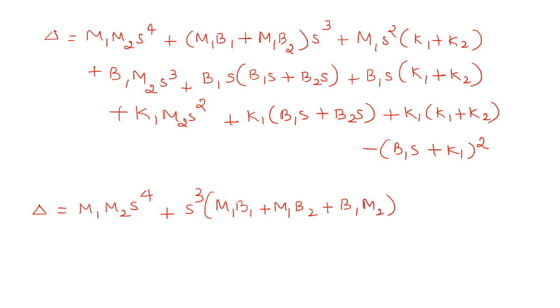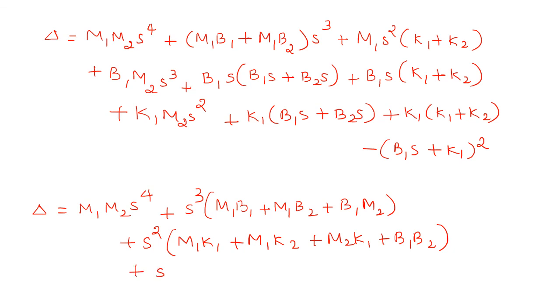The s square term will be M1 K1 plus M1 K2 plus M2 K1 plus B1 B2. Plus s into B1 K2 plus B2 K1, plus the constant K1 K2. So this is the lengthy expression which we are going to get.